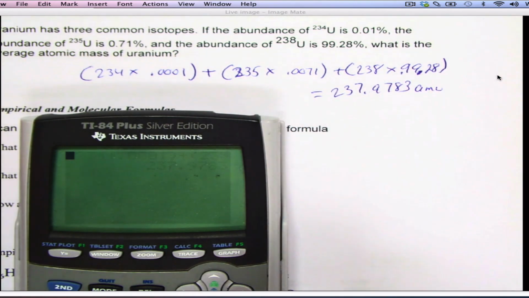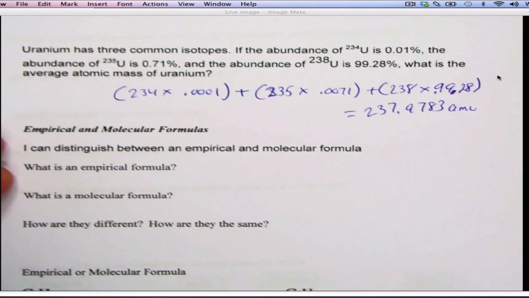So it's my average atomic mass for those 3 isotopes of uranium.